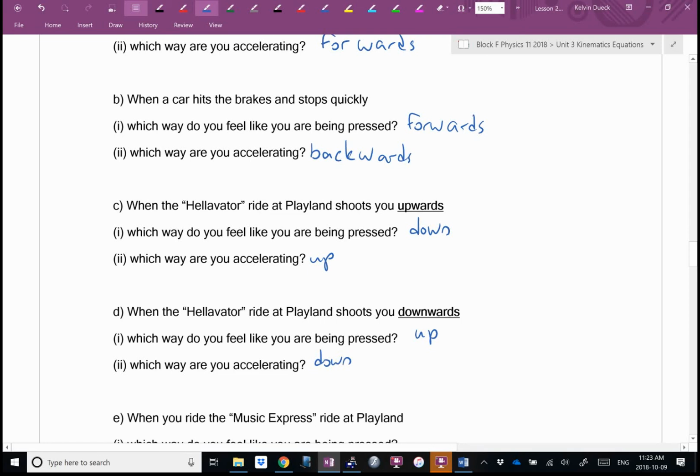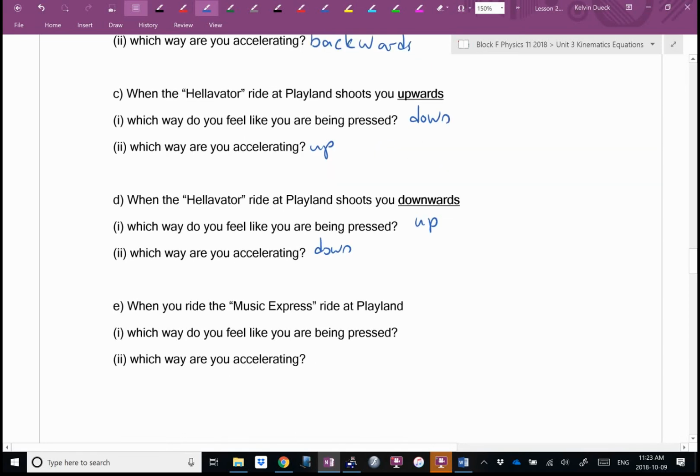Now for the $1,000,000 question. Let's see if we can do some Physics 12. How many of you have been at the Music Express ride at Playland? That's the one that goes in a really fast circle, and then the DJ asks, do you want to go faster? And yeah! And they go faster and faster. You're remembering that one? Which way do you feel like you're getting pressed? Outwards. Which way are you accelerating when you move in a circle? Inwards. Yep, absolutely.